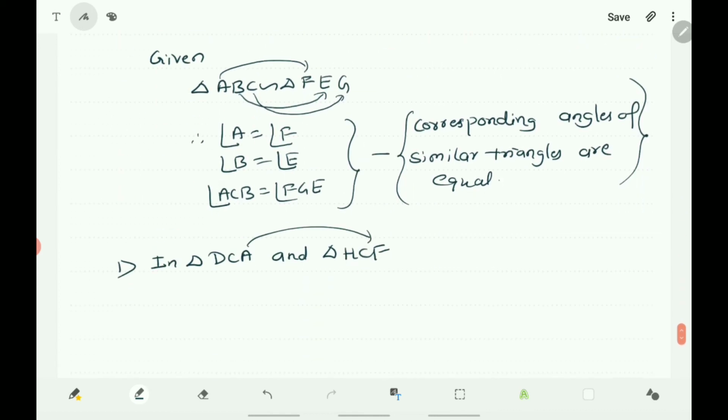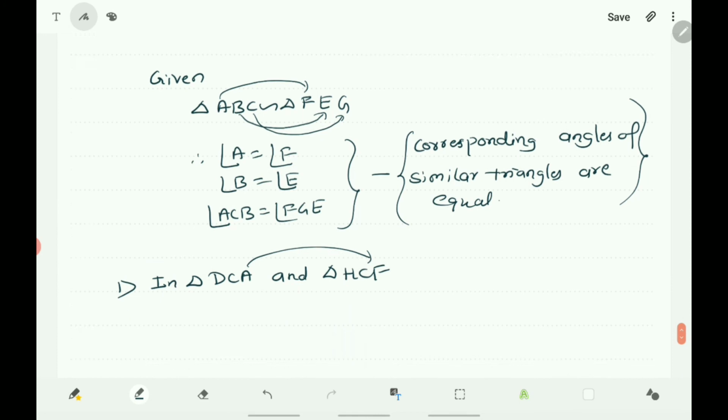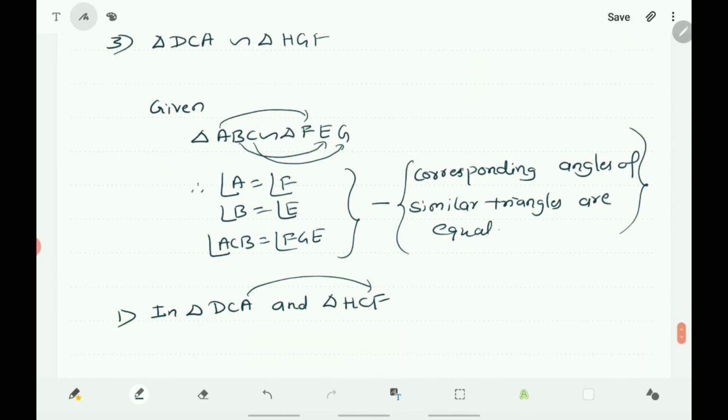First you write which angle? Angle A is equals to angle F. Why? If you consider this as first, you can write from first, or otherwise you can write corresponding angles of similar triangles.